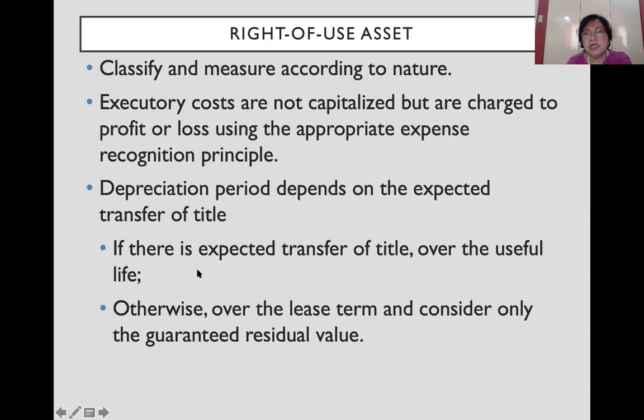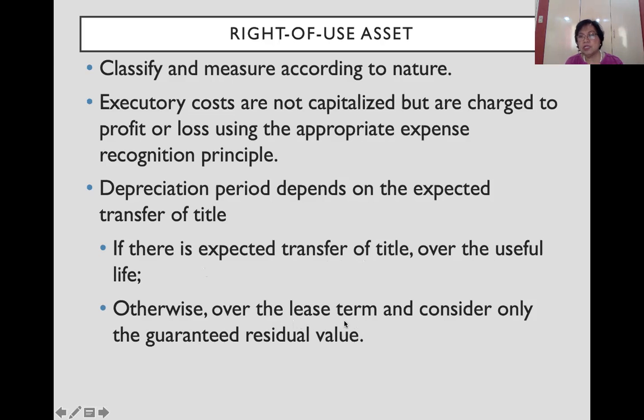Or if there is a bargain purchase option, such that upon payment by the lessee of the bargain option price, the title to the property will be transferred to the lessee, then your depreciation period is the useful life of the asset. But if there is no expected transfer of title, as there is no provision in the lease contract and there is no bargain purchase option, then you are to depreciate the asset over the lease term, because this is the period in which the lessee receives the benefit from the use of the asset.